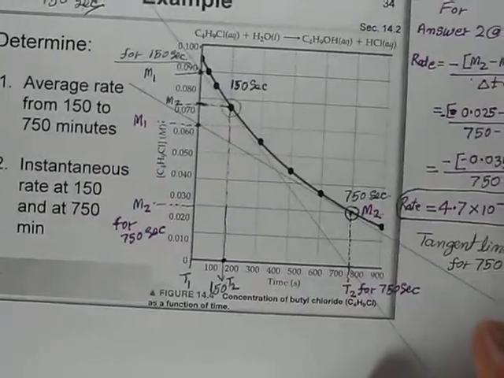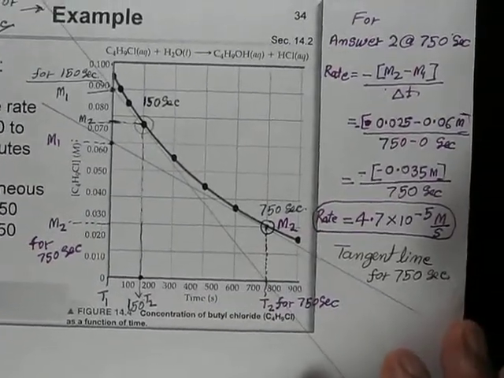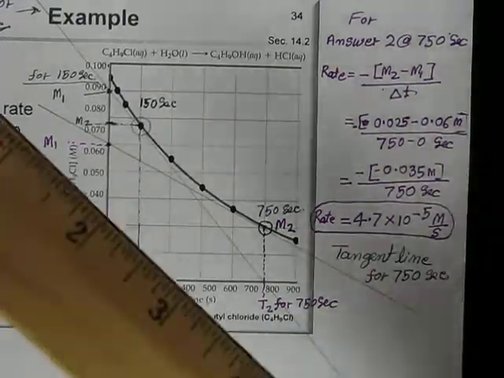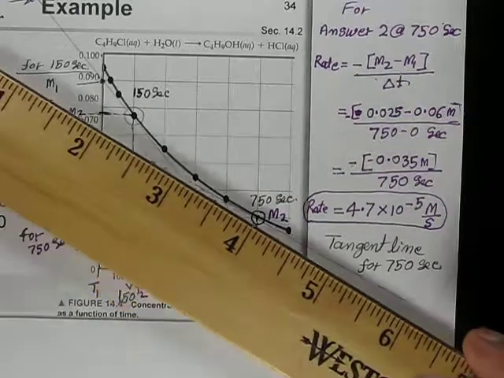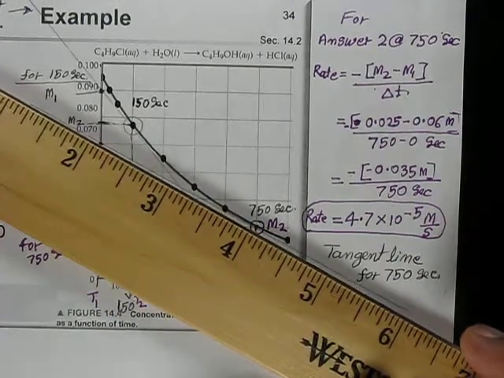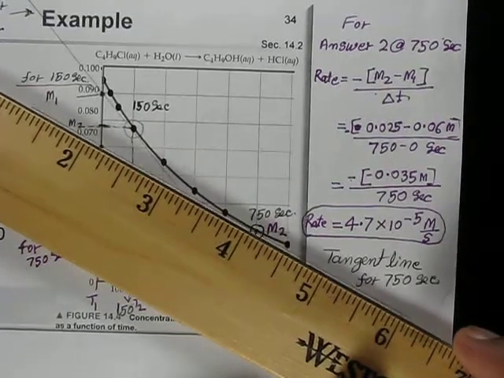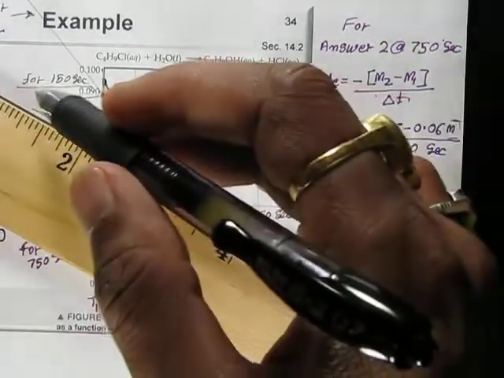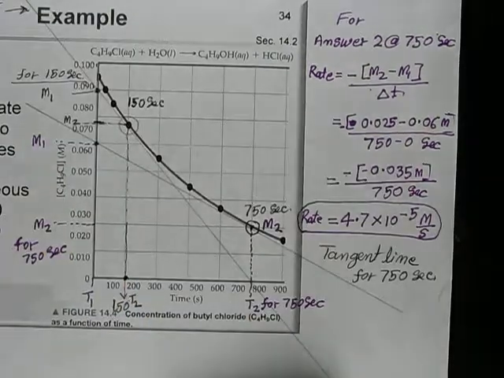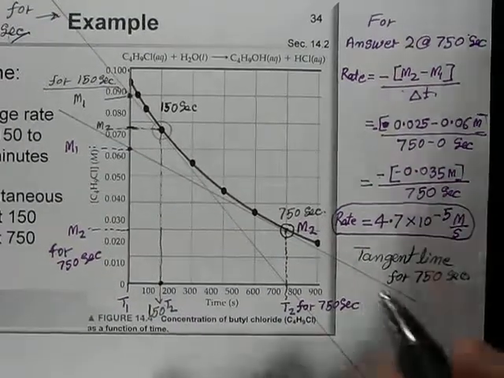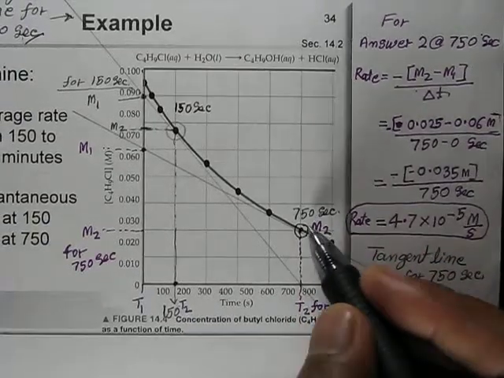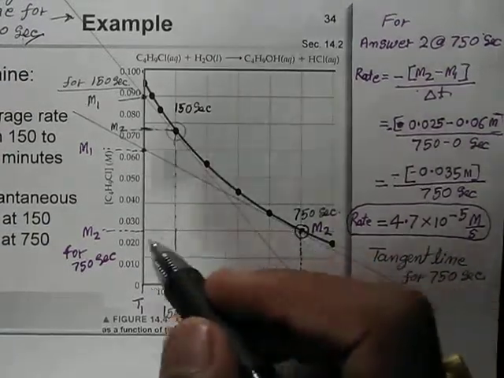In the same way, to calculate the instantaneous rate at 750 seconds, you have to draw a straight line like this one, just touching the point at 750 seconds. I already drew a straight line with a pencil, and then I have to find any 2 points. This point at 750 seconds, I consider it as M2.